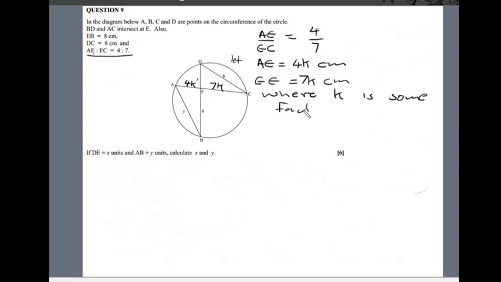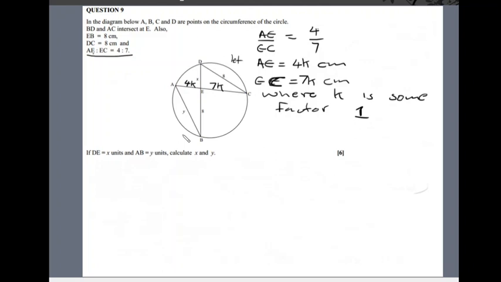In the example I did in class, I assumed this factor is 1, which is why I wrote 4 and 7 instead of 4k and 7k. But I see many of you were confused, so let us stick to factors. Let's say AE is 4k centimeters and EC is 7k centimeters.